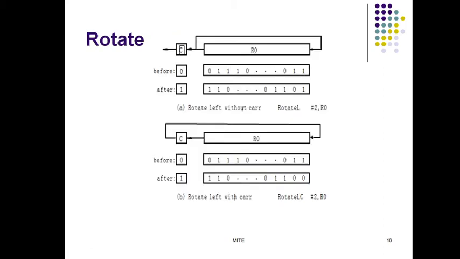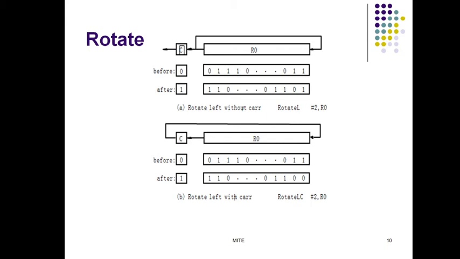Next we shall see rotate operations. In the shift operations, the bits shifted out of the operand were lost except for the last bit shifted out, which is retained in the carry bit. So one bit will be stored in carry, all others were lost. In order to preserve all these bits, a set of rotate instructions can be used.